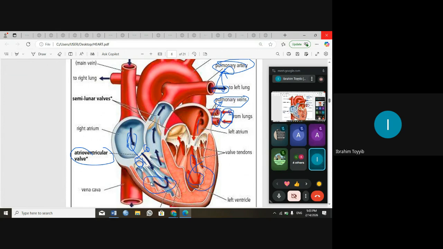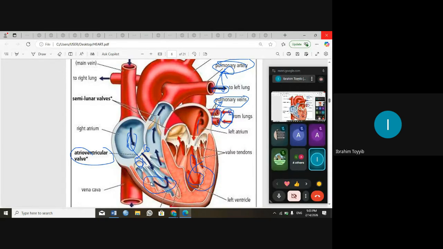Then, so with one artery going to each lung, these arteries branch into arterioles. So arterioles are smaller arteries. And then into capillaries in the lungs. So oxygen diffuses into the capillaries.